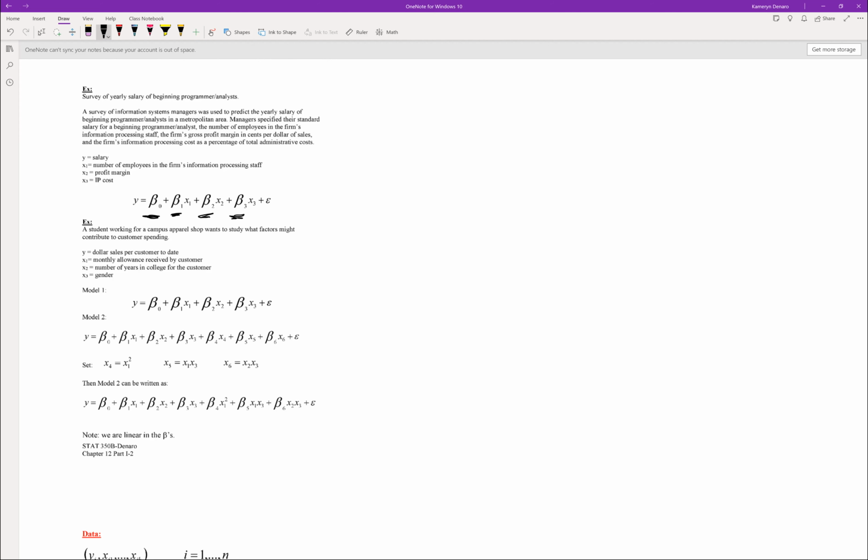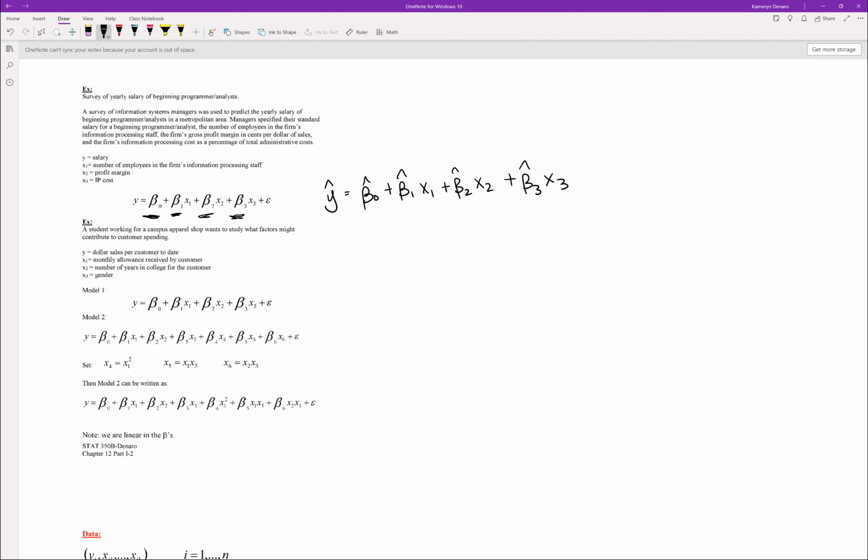All right, after we're done, then we can fit the model, and we're going to get Y hat equals beta 0 hat plus beta 1 hat X1 plus beta 2 hat X2 plus beta 3 hat X3.